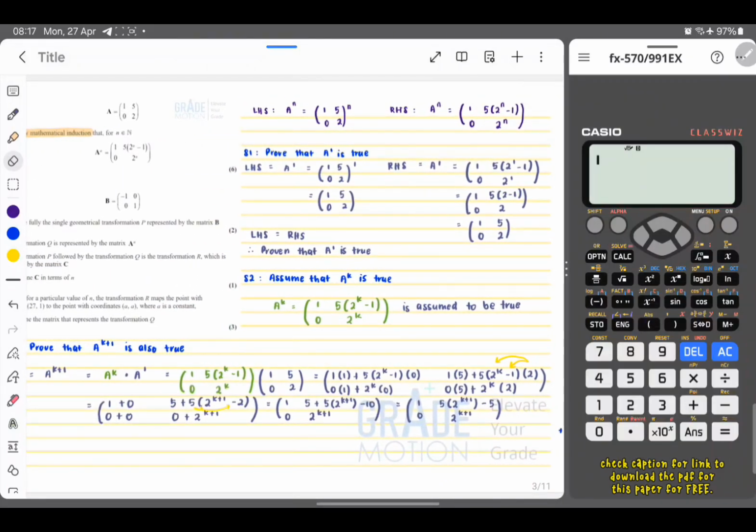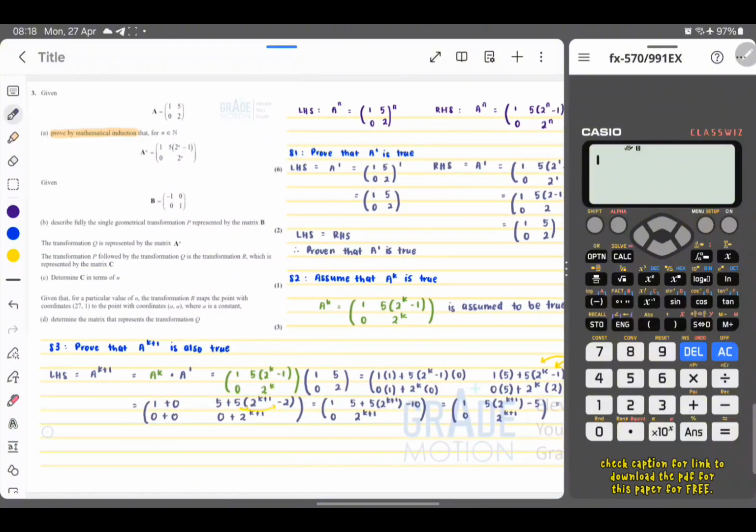Let's check. This is what we want if we compare with our right hand side. If we substitute with k plus 1, this is what we want. That means this is equal to the right hand side. Therefore, A to the power of k plus 1 is also true.